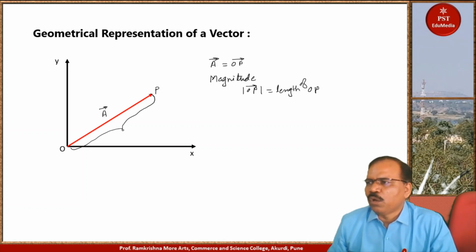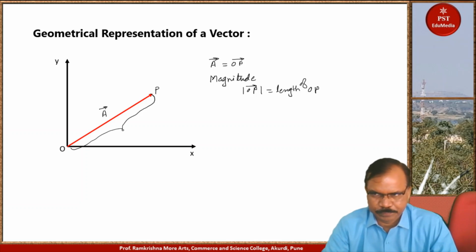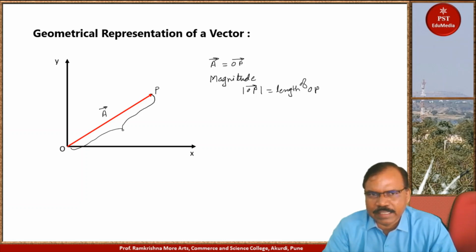What is a zero vector? A zero vector is a vector whose magnitude is 0.